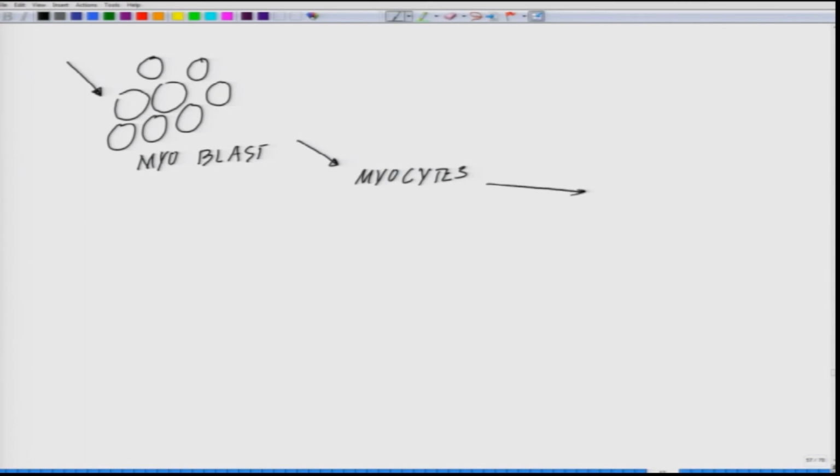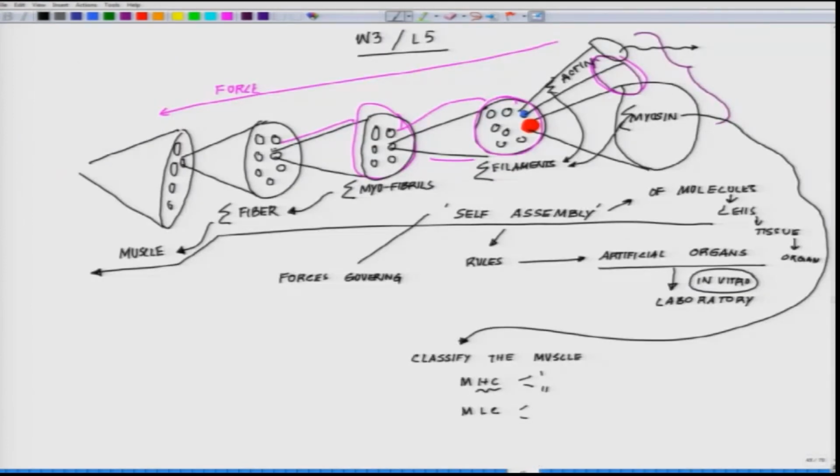From the myocytes they form myotubes, and then of course followed by myofibers. And if you remember, if I go back to that hierarchy, there you see how this works. In this hierarchy it is going into the smaller size, and if you reverse back you are increasing the size.